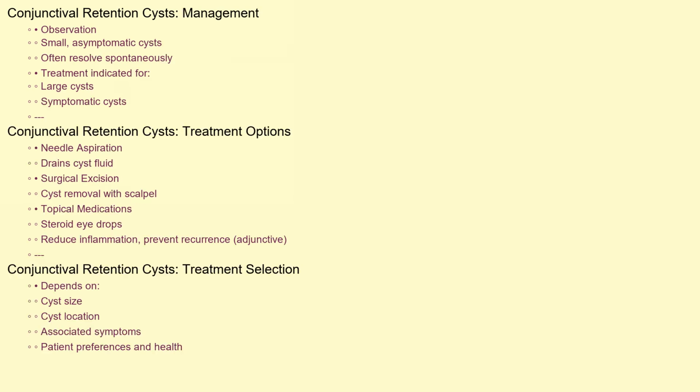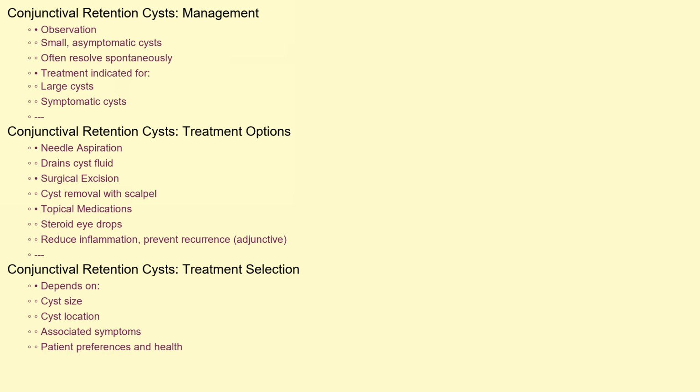Fortunately, most retention cysts of the conjunctiva don't require any treatment. If the cyst is small, painless, and not causing any visual disturbances, observation is often the best approach. In many cases, the cyst will resolve on its own over time. However, if the cyst is large, bothersome, or causing symptoms, several treatment options are available.